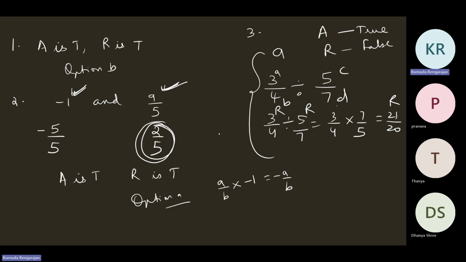Why is the reason false? Because A by B divided by -1, changing division to multiplication with the reciprocal of -1, which is -1, gives minus A by B, but they have given minus B by A. So the assertion is true, the reason is false. So option C.